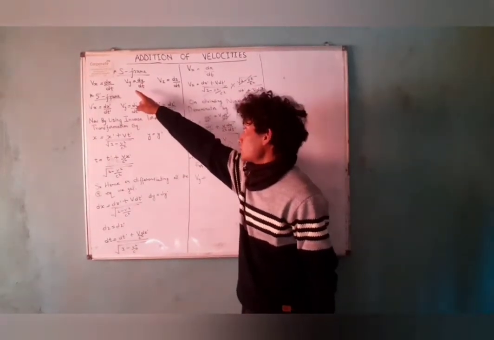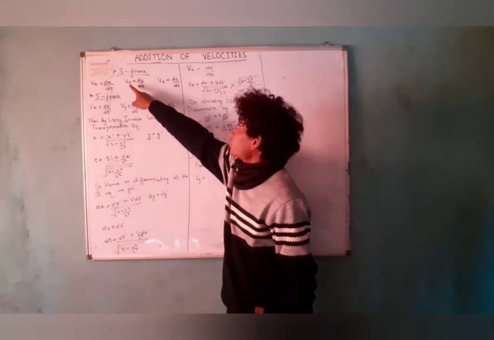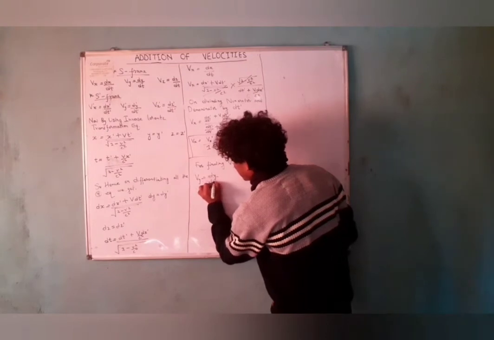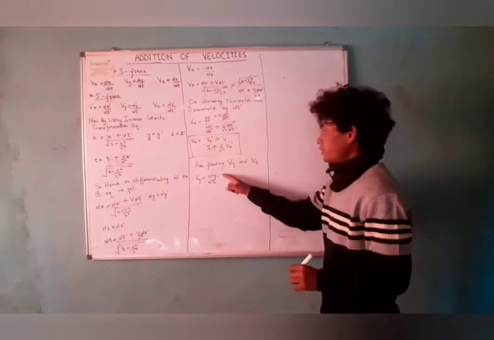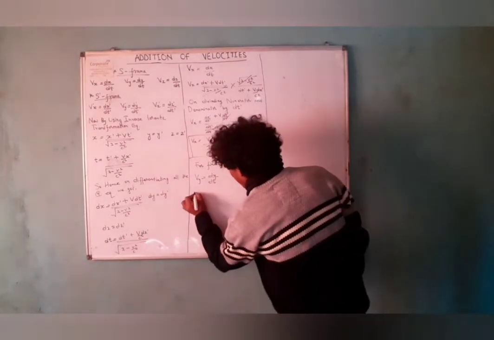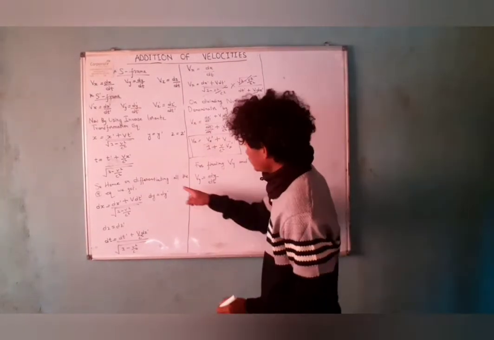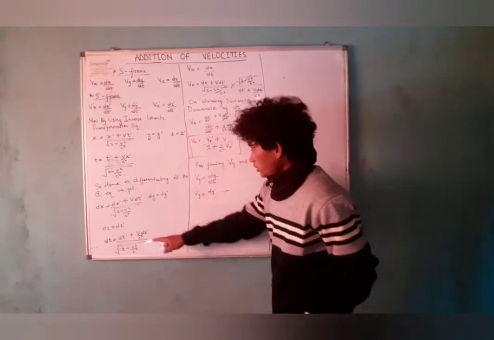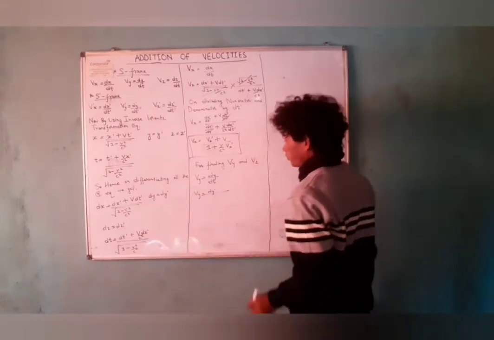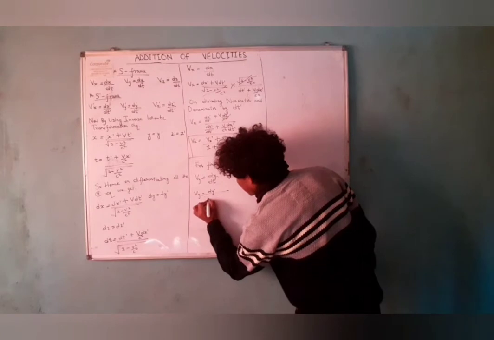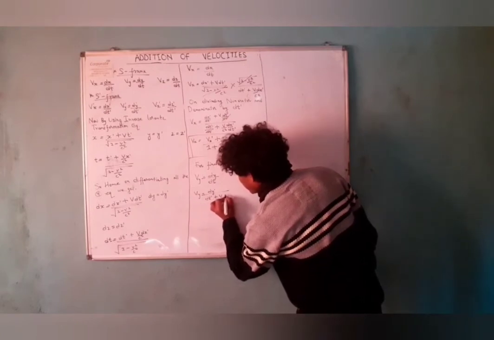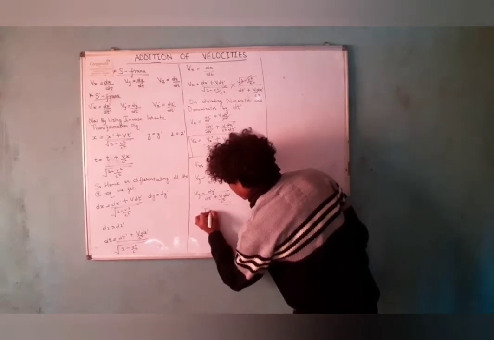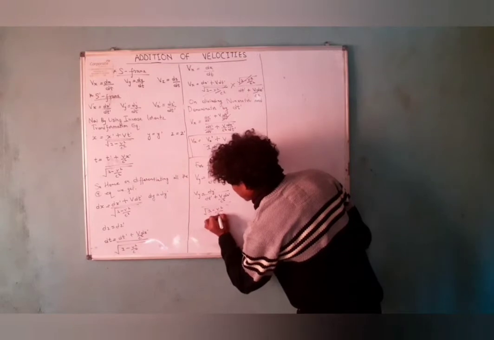Here, as we have written earlier, vy equals to dy by dt. So we have to put the value of dy. Vy equals to dy prime, and dt equals to, putting the value of dt from here, dt prime plus v dx prime by c square over root over 1 minus v square by c square.